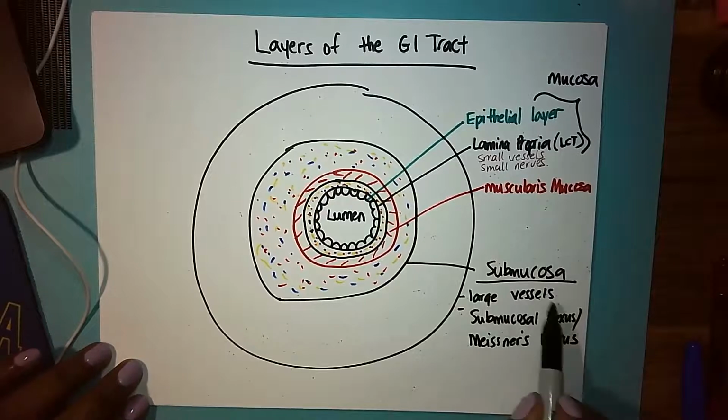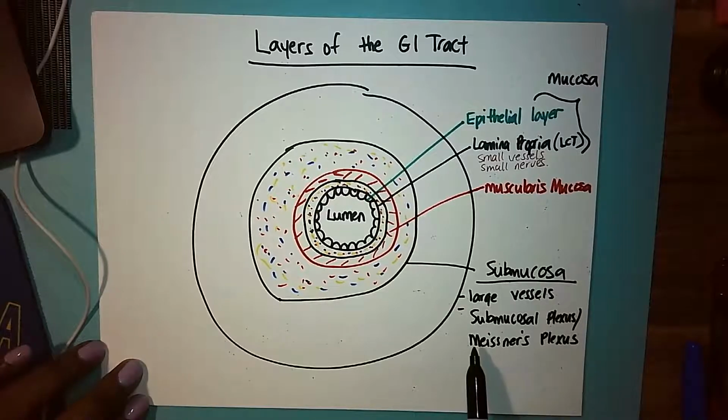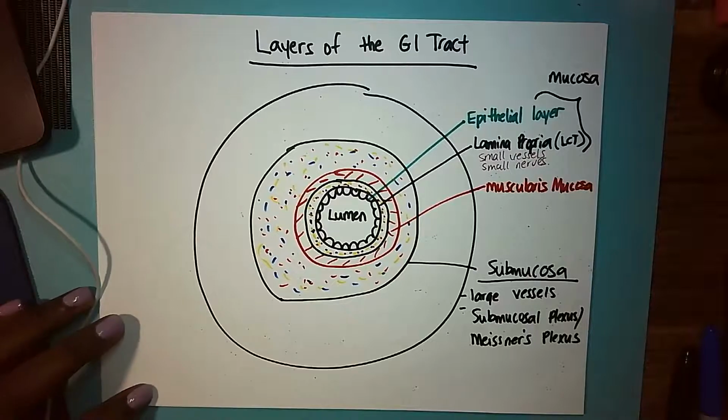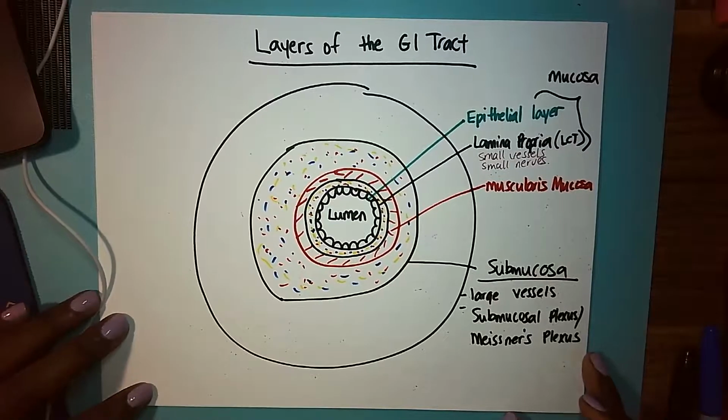So we have larger vessels in the submucosa. We have more extensive nerves or networks of nerves that we call plexuses. And so they're called the submucosal plexus or the Meissner's plexus. And as I mentioned earlier, these are the autonomic nerves that actually create the innervation that moves food along the GI tract.